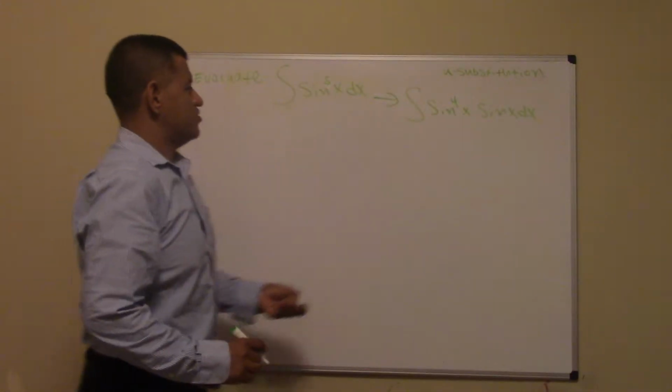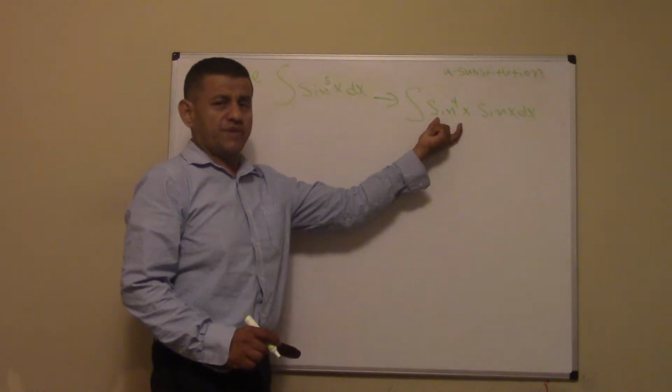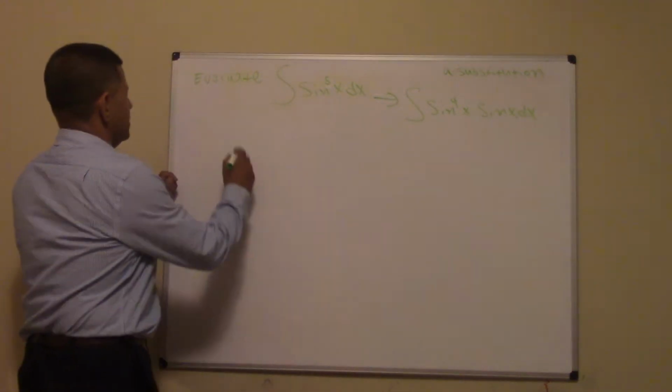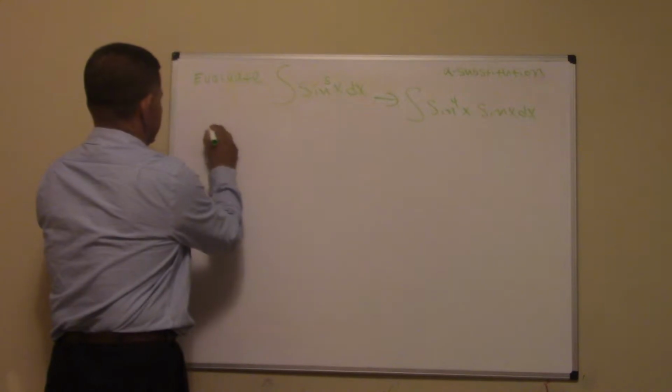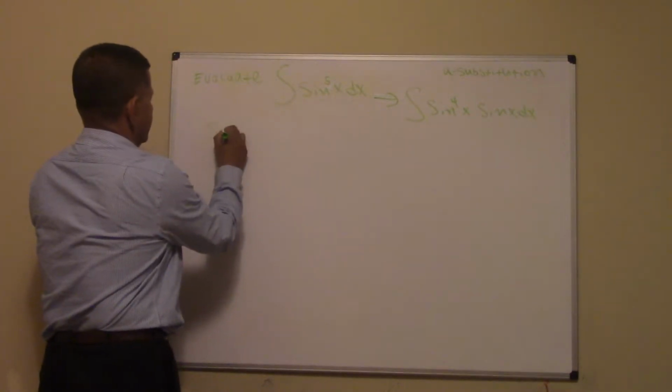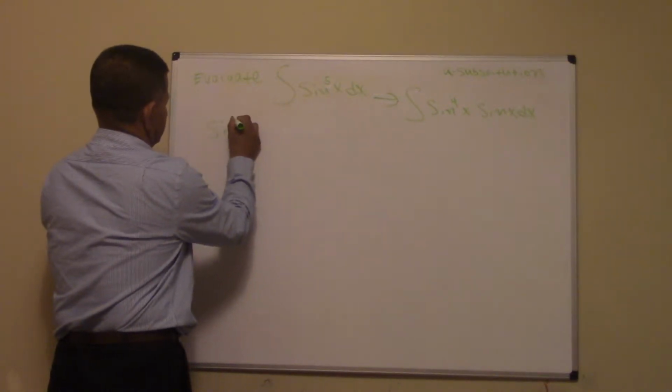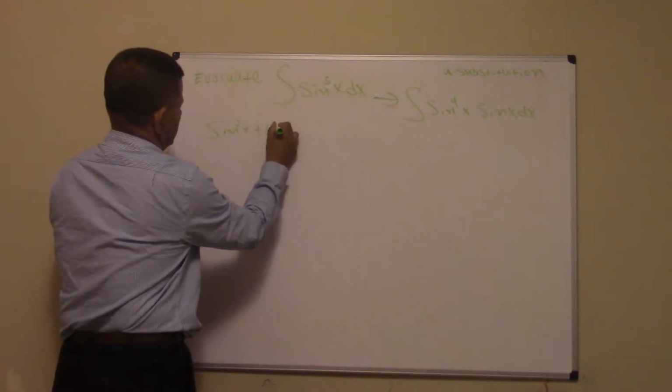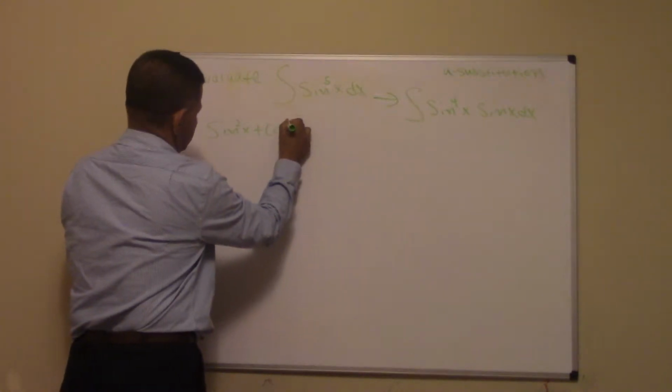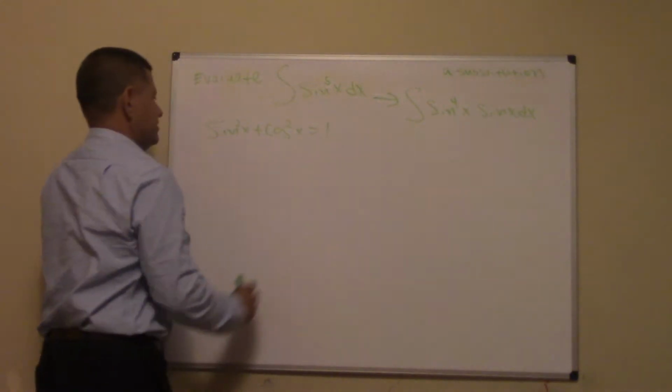Now we can use a trigonometric identity. We can use the fact that sine square x plus cosine square x is equal to 1, right?